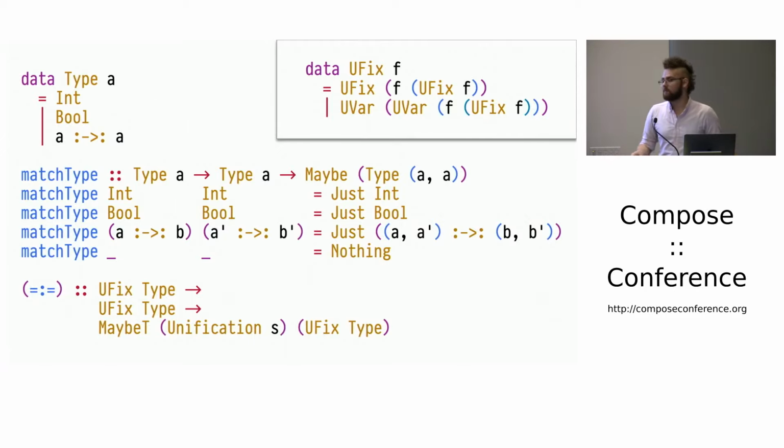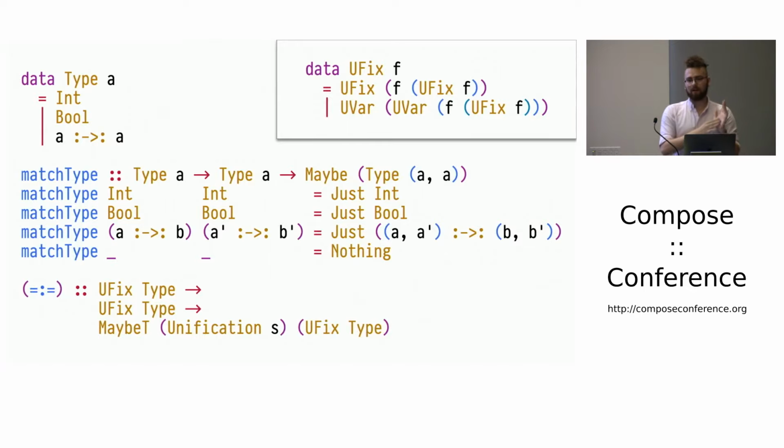And two function types unify to a function type, provided that the two sub-unification problems of unifying the two inputs and the two outputs are correct. And then I can just lift this function, just like we were talking about before using fold, to unify fixed points of types, so that I then get a unified fixed point of a type in the end.